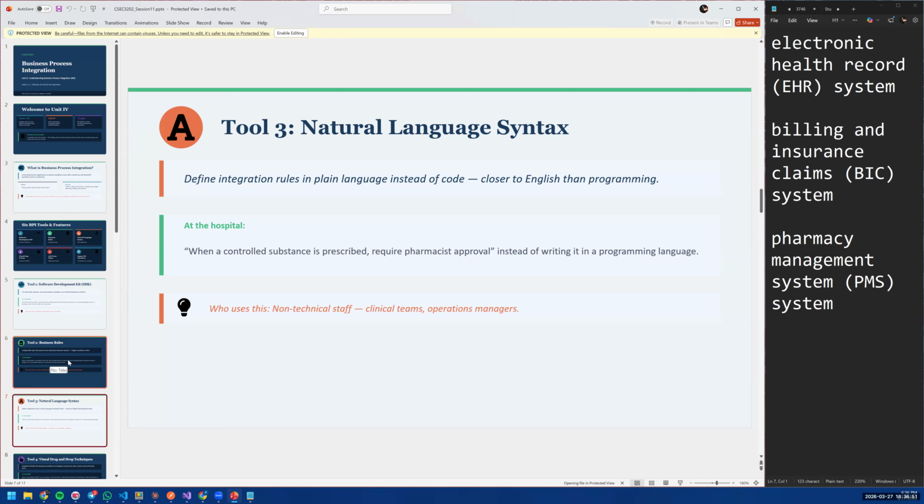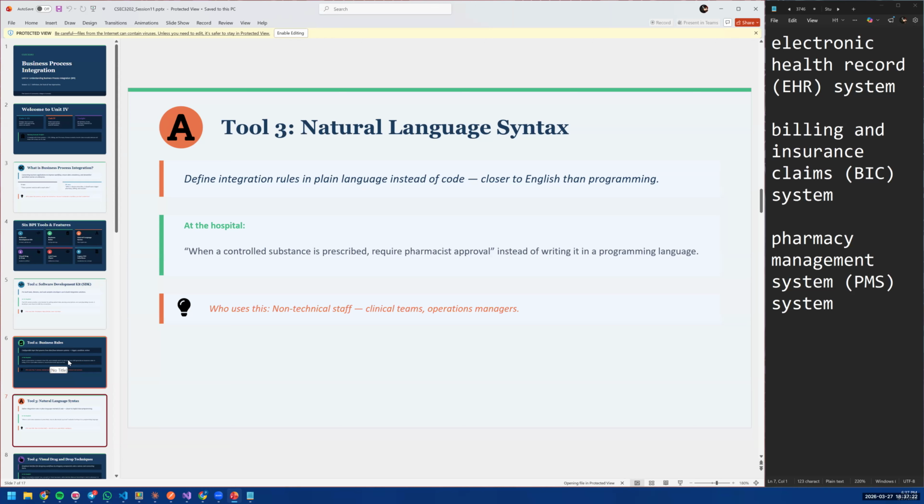So the third tool that we're going to be looking at is the natural language syntax. Going back to our spectrum of technicality, that is going to be a notch past business logic. This one allows users to define integration rules using plain, spoken language instead of code or configuration.